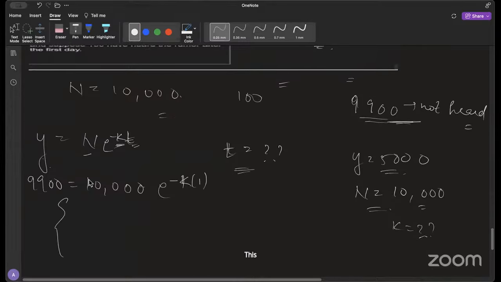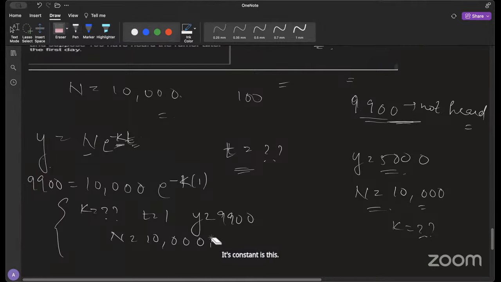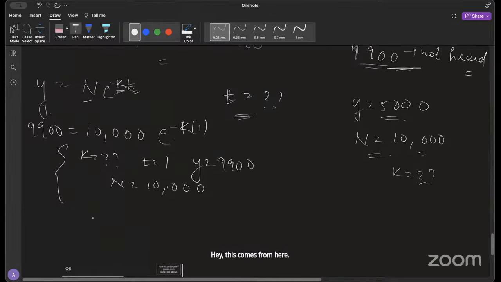K you have to find. Y is given to you as 9900. And N is the constant here. This comes from here. So to find K, you can just take 9900 by this thing.